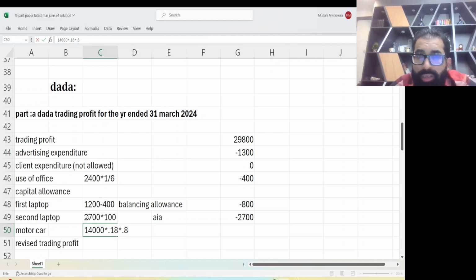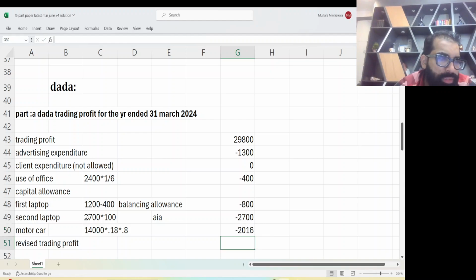So 14,000 multiplied by 18% multiplied by 80% equals minus 2,016. Okay, now let's calculate the revised trading profit right from the top.